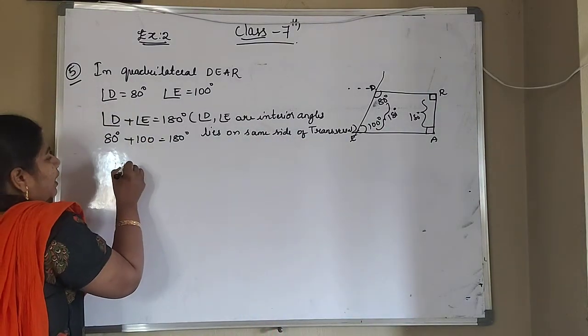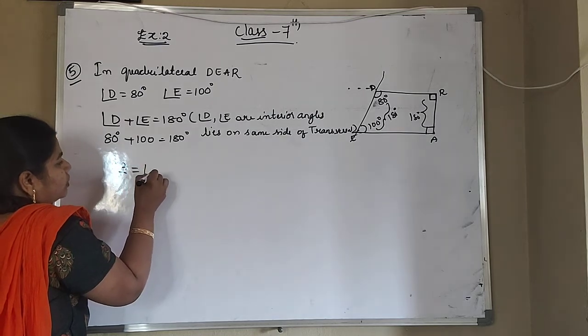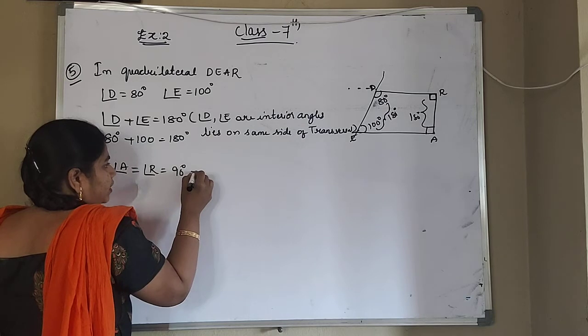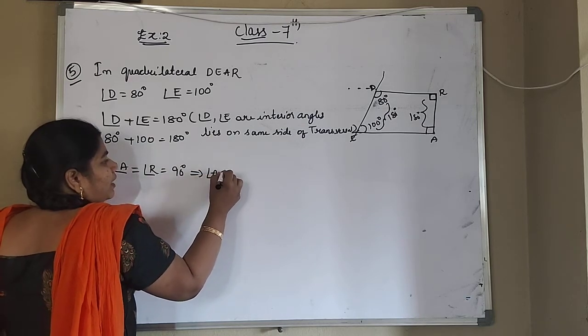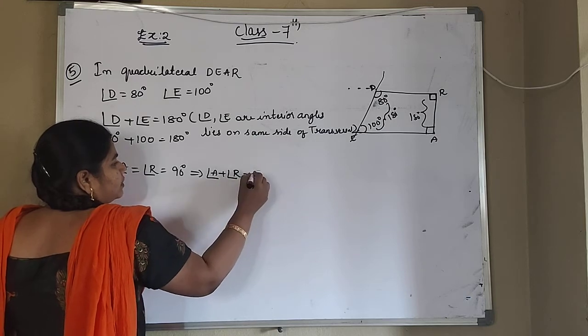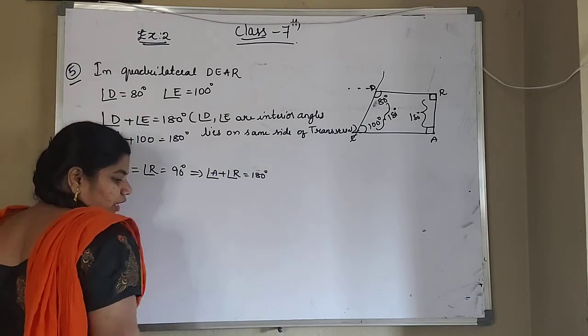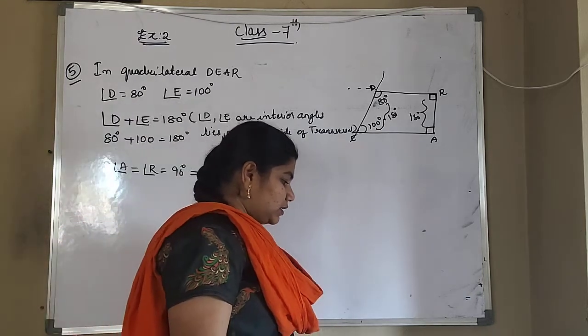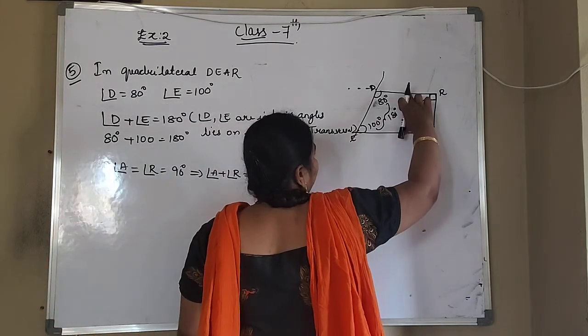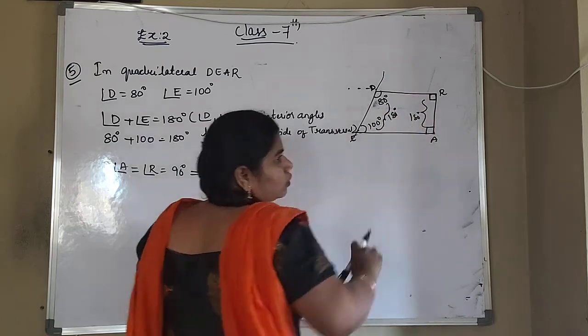So angle A equals angle R equals 90 degrees. So angle A plus angle R equals 180 degrees. So we can say that these two lines are parallel to each other.